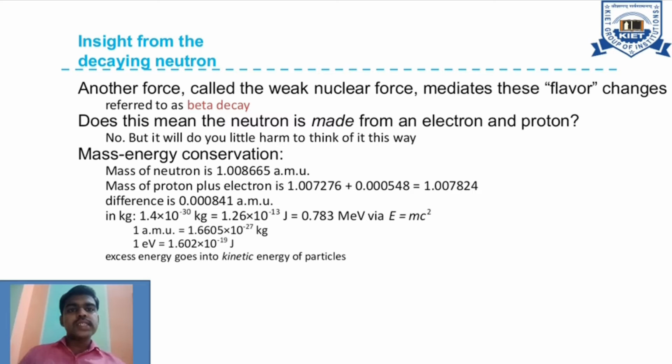It is referred to as beta decay. Look at the last line: the excess energy goes into the kinetic energy of the particles. So inside the decaying neutron, the weak nuclear force mediates these flavor changes, and finally the excess energy goes to the kinetic energy of the particles.